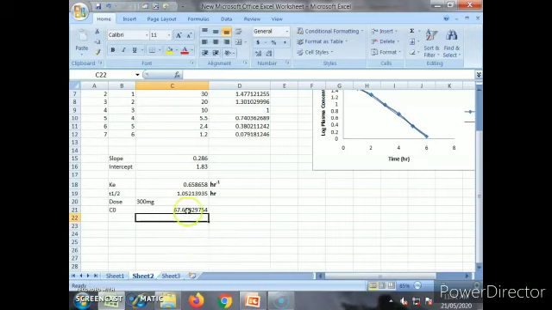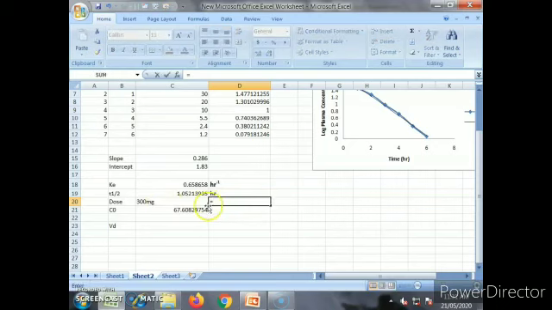So this is your C0 concentration. Now Vd is x0 divided by C0. x0 is in milligram, so we will convert it into microgram.